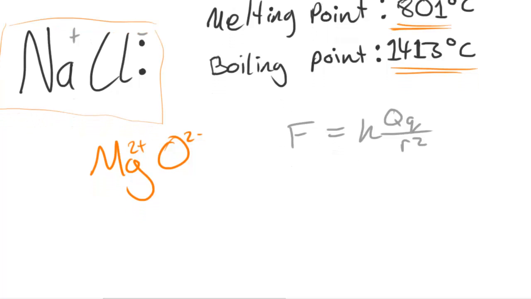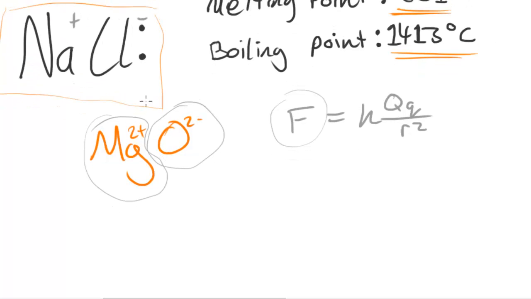So with a greater charge, the force between the two charged particles, Mg and oxygen, increases by a lot. And so MgO has a much higher melting and boiling point than sodium chloride.